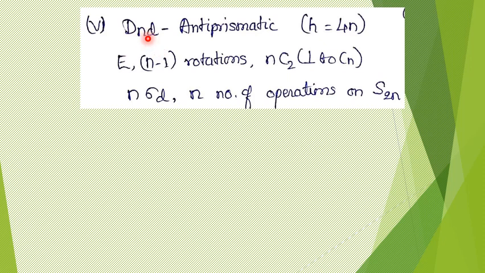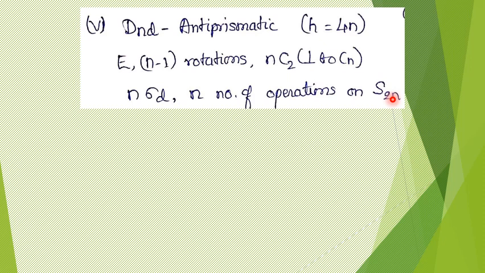If this is D4d, the proper axis rotation will be C4. In that case, the molecule will have S8, or if it is say D5d, then it will have S10. So different operations will be possible on that S2n axis. Even those operations will be possible in case of this molecule Dnd.